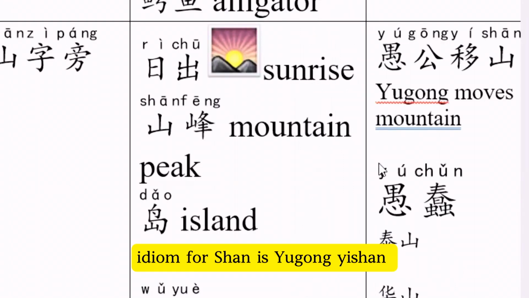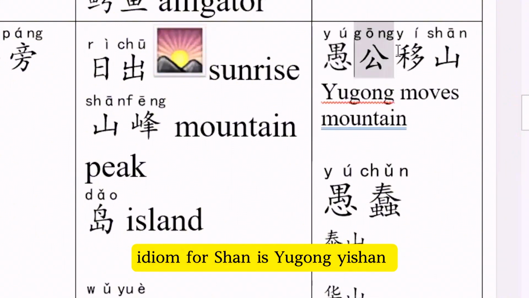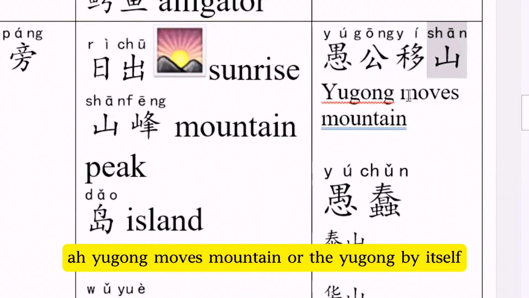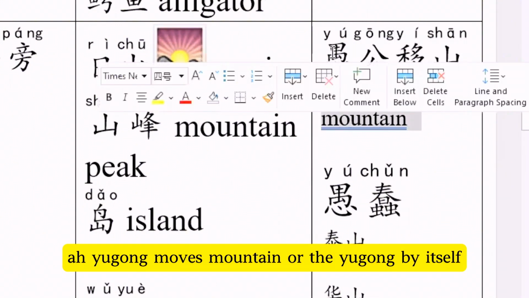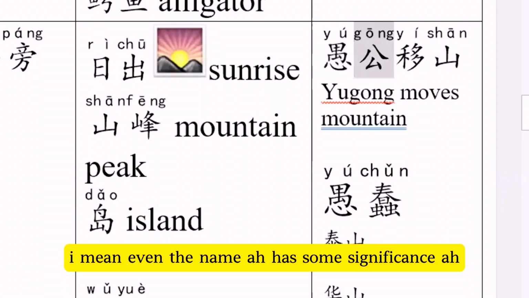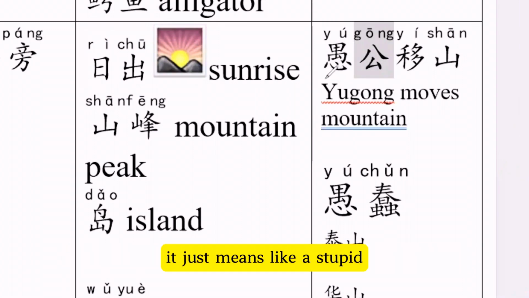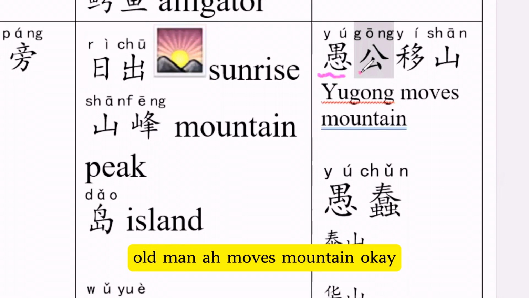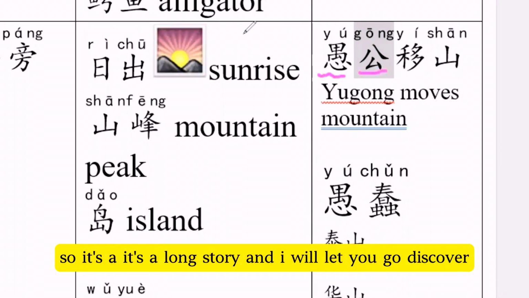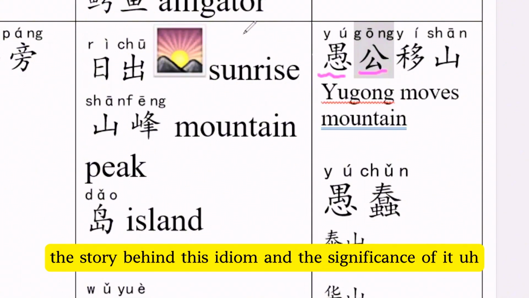The idiom for 山 is 愚公移山. 愚公 moves mountain. Even the name 愚公 has some significance. It just means a stupid old man moves mountain. It's a long story, and I will let you go discover the story behind this idiom and its significance.